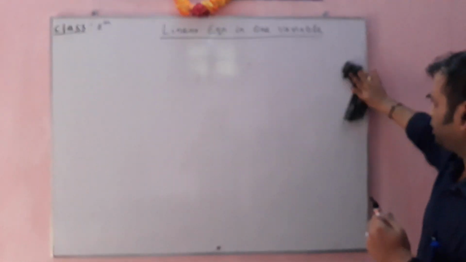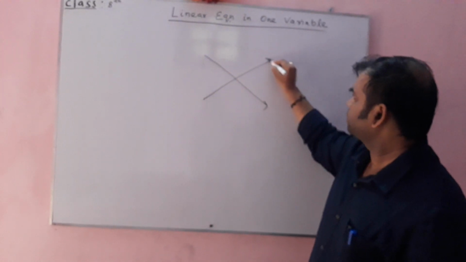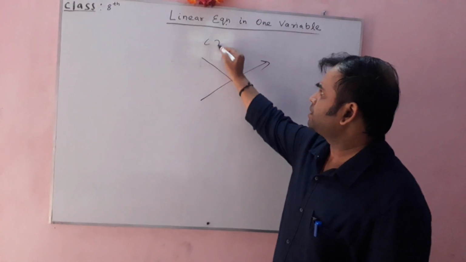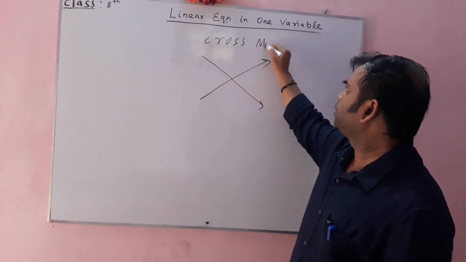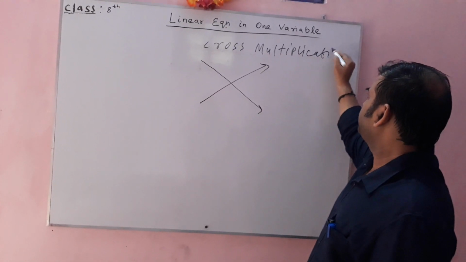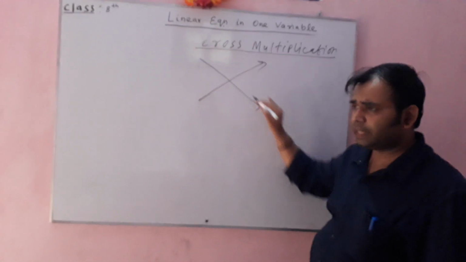Already a lot of times I have used cross checked, cross methods in this classroom. This is called the cross multiplication method. What we did here is one arrow and another arrow.